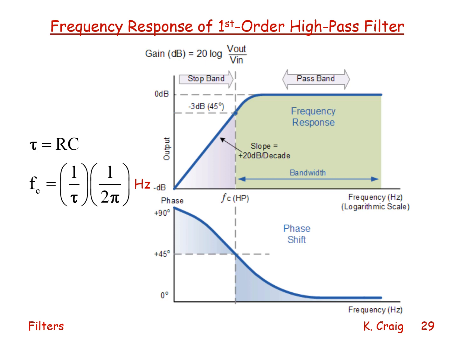Here is a general plot for the frequency response of a first order high pass filter. Tau is R times C. Again, the cutoff frequency in hertz is 1 over tau times 1 over 2 pi. And that cutoff point is the frequency at which the amplitude ratio is minus 3 dB or 0.707 of its high frequency amplitude ratio, which is 0 dB.